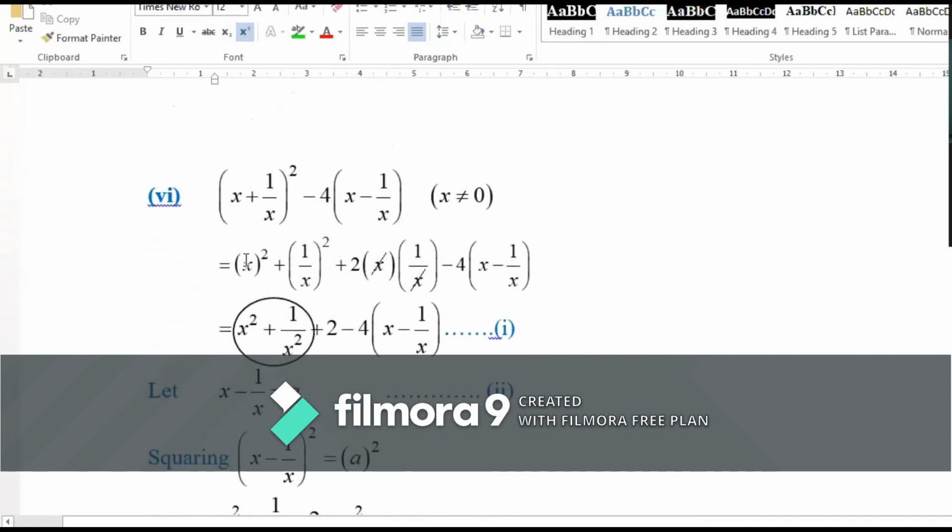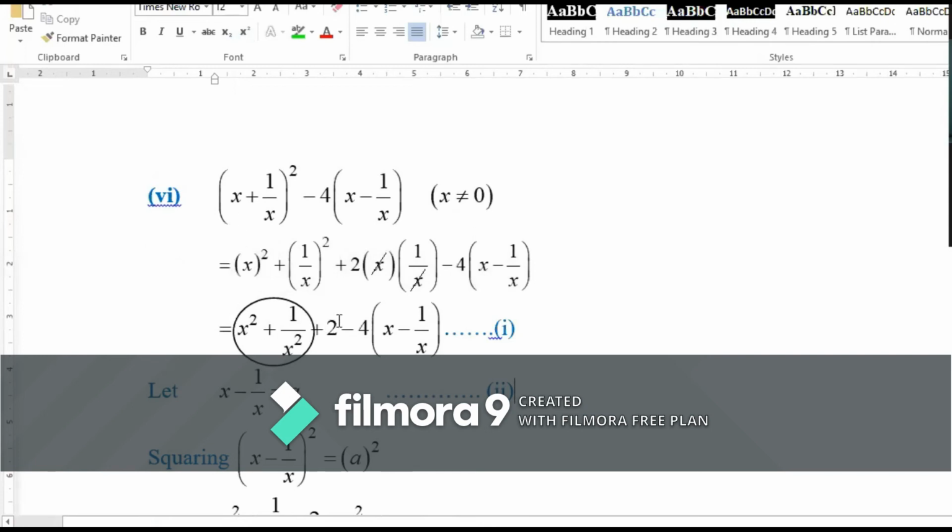So my explanation regarding your question is this: why we have expanded this part in the beginning, which I have encircled.